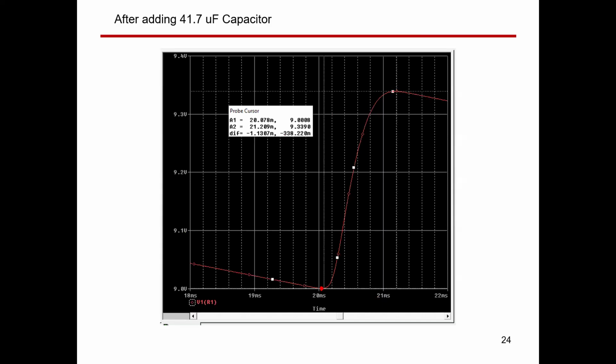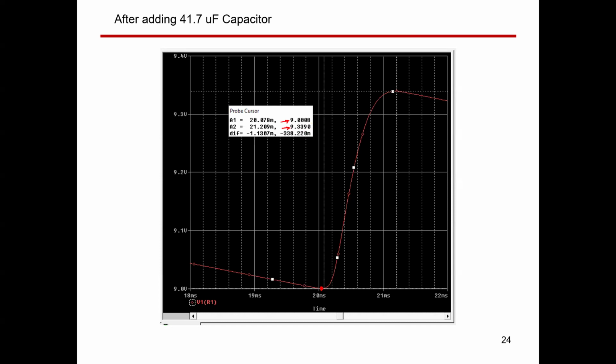This is the cursor of y, so you have 9.33 maximum. This is the maximum value, and this is the first minimum value. So you now have 0.33 or 0.34 volt ripple in this case, if you use the 41.7 microfarad capacitor.